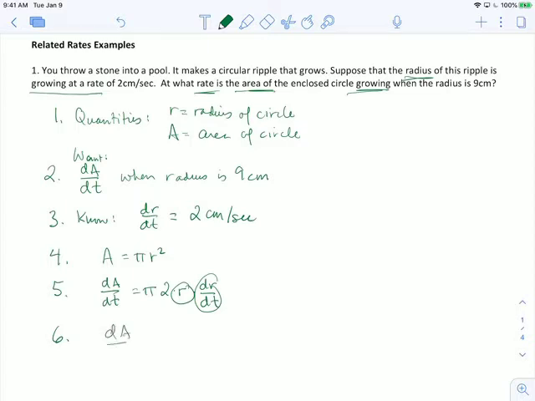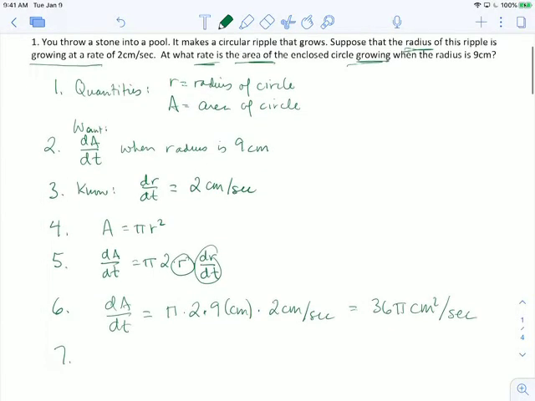And so we can substitute that information in. dA over dt is pi times 2 times 9 centimeters times 2 centimeters per second. And if we multiply that all out together, we get 36 pi square centimeters per second. And then lastly, I suggest that we write a sentence that answers our question.